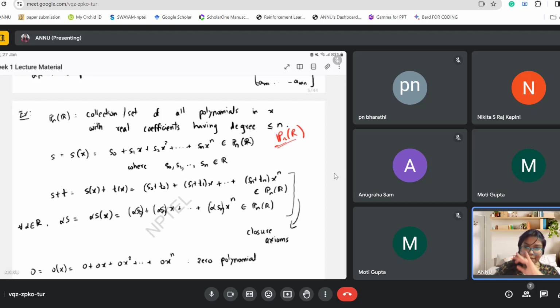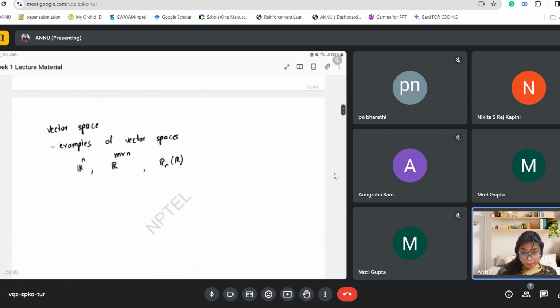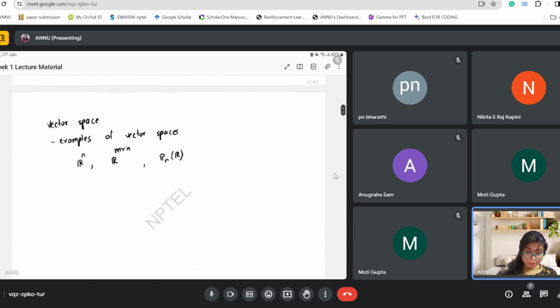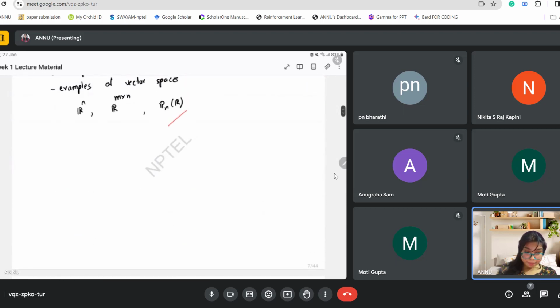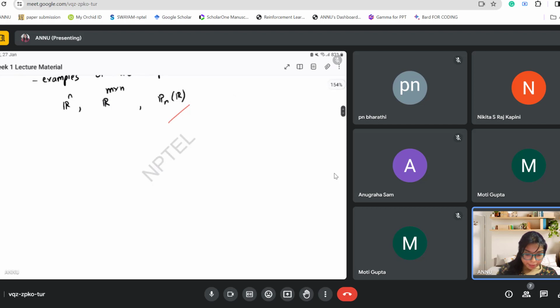Now, till now, we have seen the possible vector spaces. Now we will see what cannot be a vector space. Examples of vector spaces we have seen. Let's see what cannot be a vector space. Suppose you have a plane.